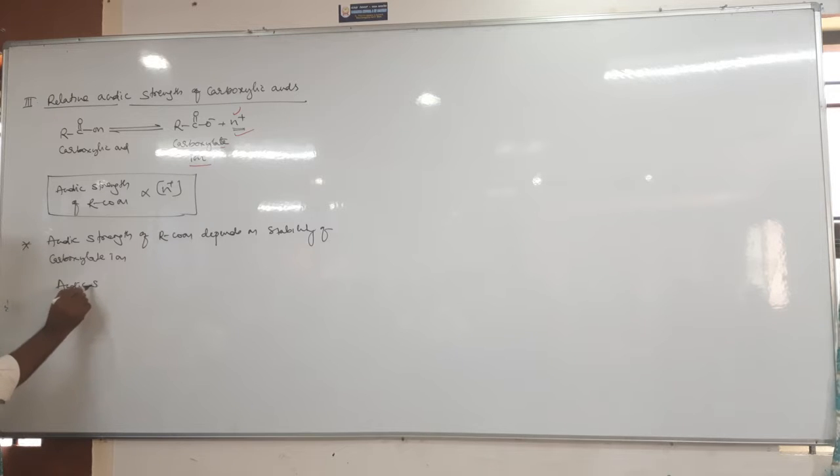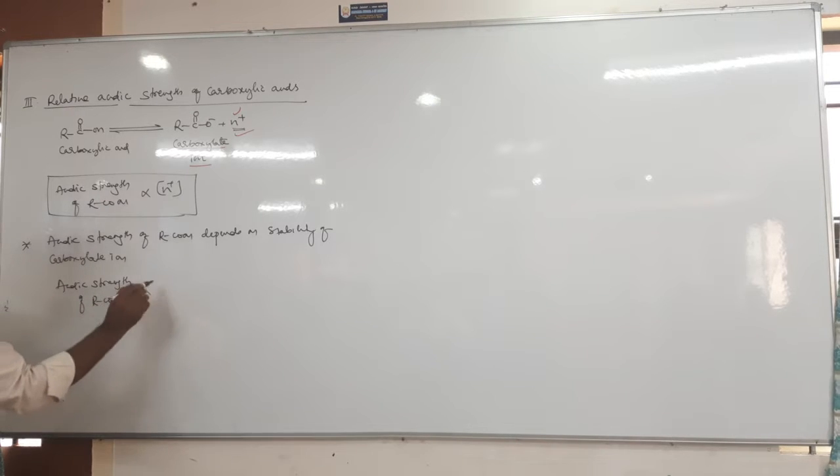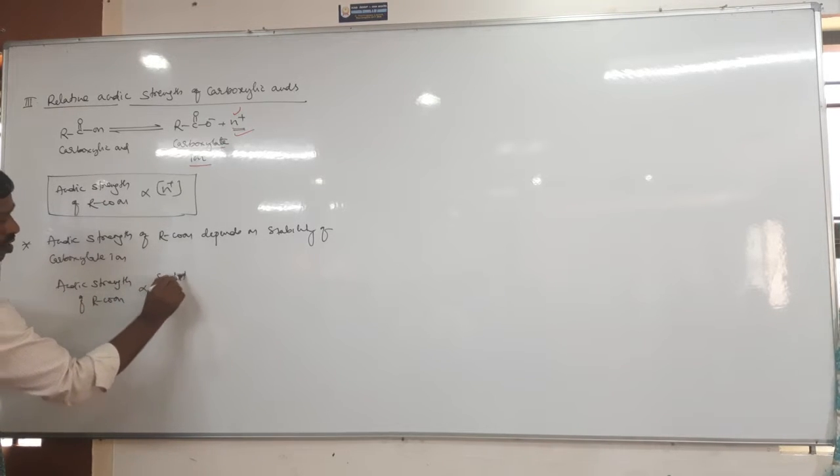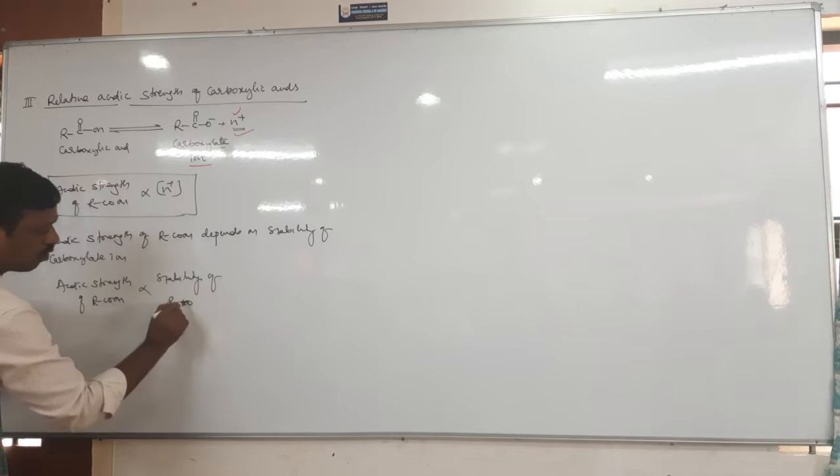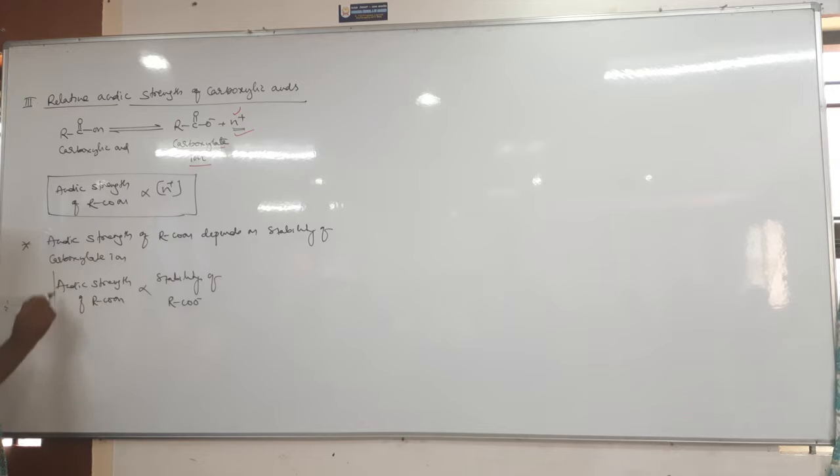Acidic strength of carboxylic acid is directly proportional to stability of RCOO minus, which is called carboxylate ion, right? So acidic strength of carboxylic acid is directly proportional to stability of carboxylate ion.